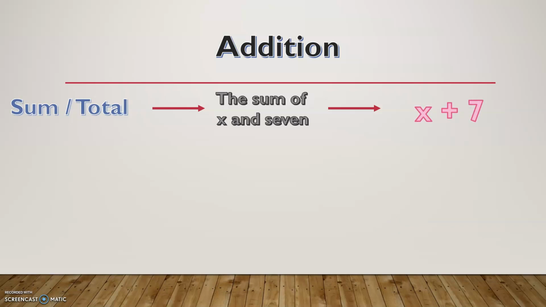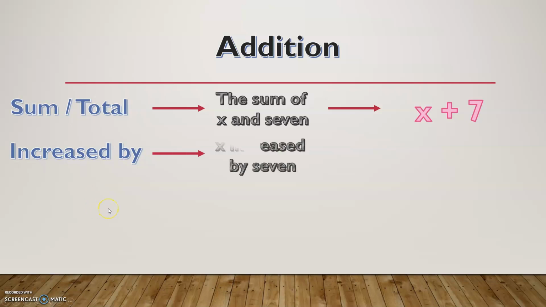Okay? So the word and will be your keyword on where you are going to put the plus sign. Next, increased by. Increased by is under addition also. So we have, let's say, x increased by 7, then that is also x plus 7.